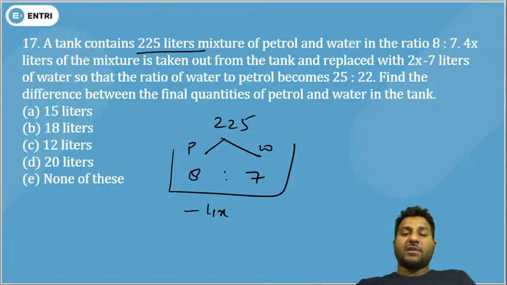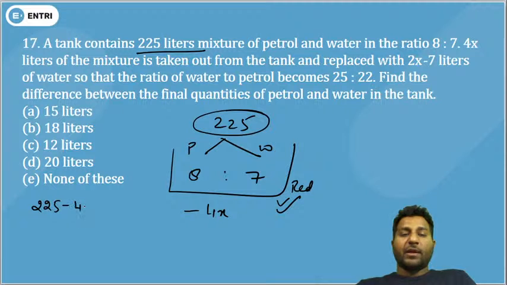If 4x mixture has been taken out, the ratio will remain intact, but the quantity will be reduced. How much reduced? 225 minus 4x. So we now have 225 minus 4x, in which petrol will be 8 ratio and water will be 7 ratio.